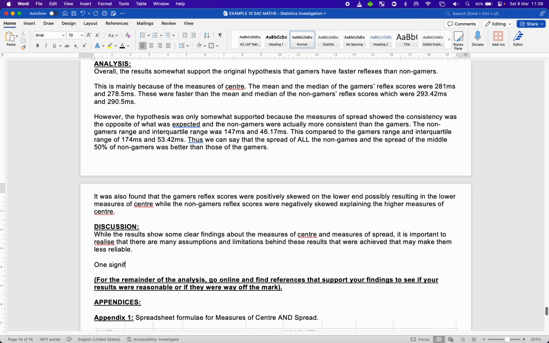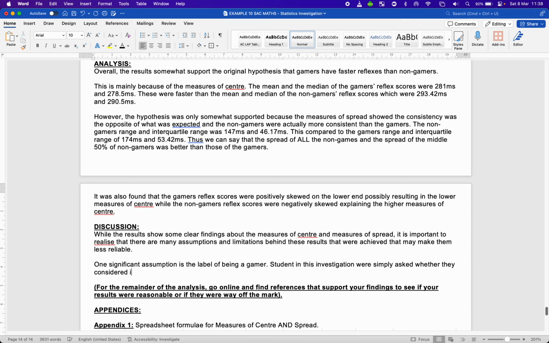One significant assumption is the label of being a gamer. Students in this investigation were simply asked whether they considered themselves a gamer or not.